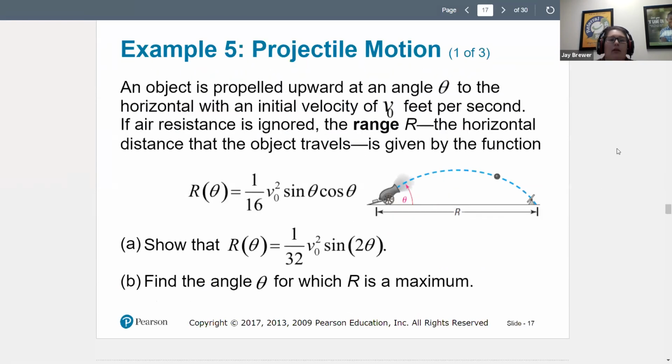All right. Example 5 is a projectile motion problem. So far I haven't come across one in Pearson, but that could change. All right, so we want to show that r of theta is equal to 1 over 32 times the original velocity squared times sine 2 theta. Before we go on to look at what that would be, what are your thoughts? How do you think we can get that to happen?